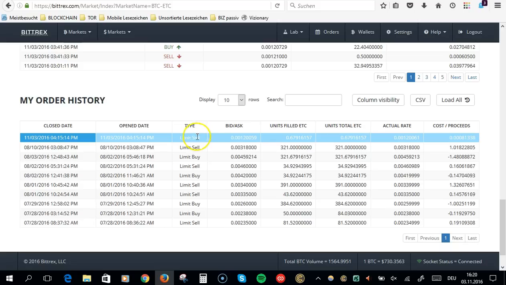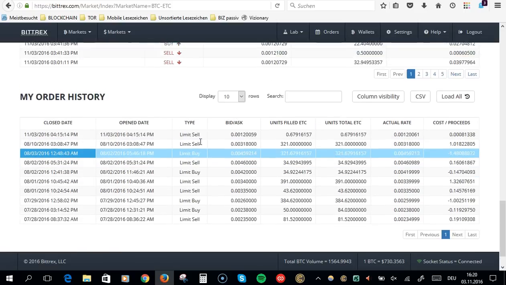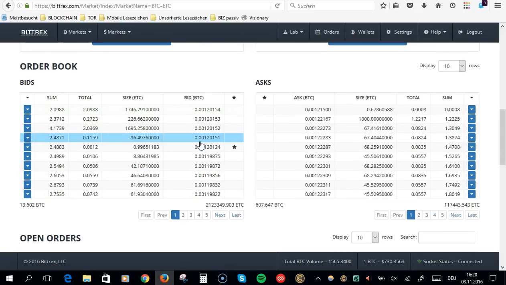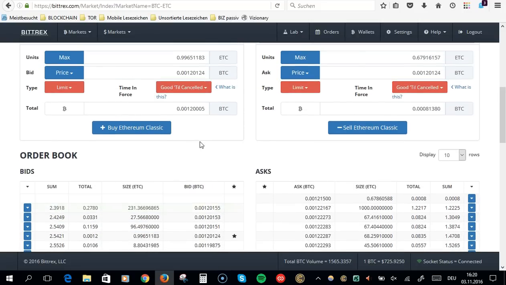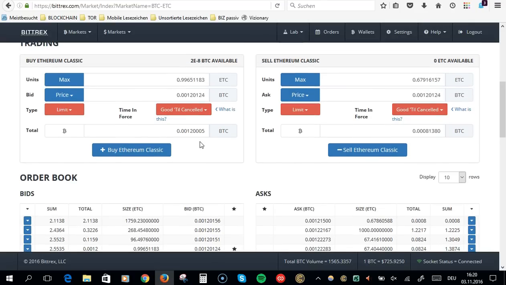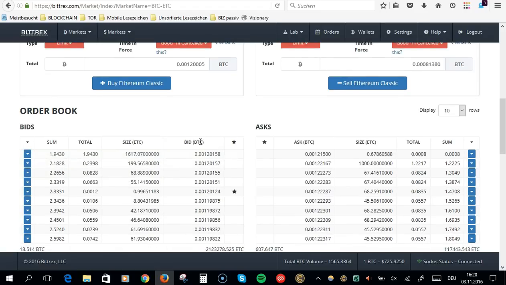So this was the sell we had before, and the buy order will then be added here later on. Okay, so this concludes a basic overview of how you buy and sell cryptocurrency on an exchange.